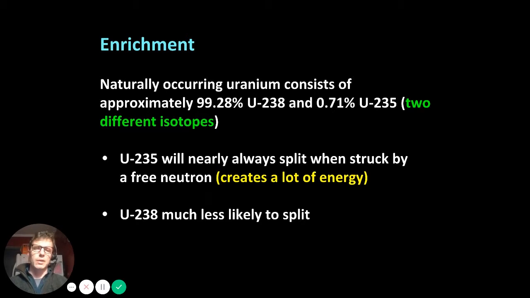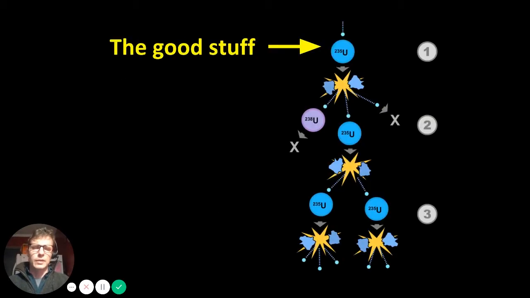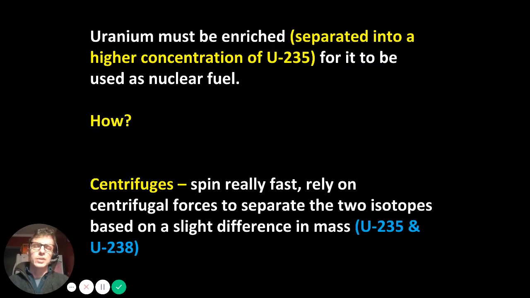And so that's what we want more of: the U-235, and less of the U-238. Again, the reason is there's only certain isotopes of uranium that are more likely to split when bombarded with a neutron, and that splitting process is what releases the energy. So we need a sufficient concentration of the U-235 in order to have a sustained fission reaction. And so the enrichment process just means that we're separating the two different isotopes, the U-235 from the U-238, in order to get a higher concentration of the U-235.